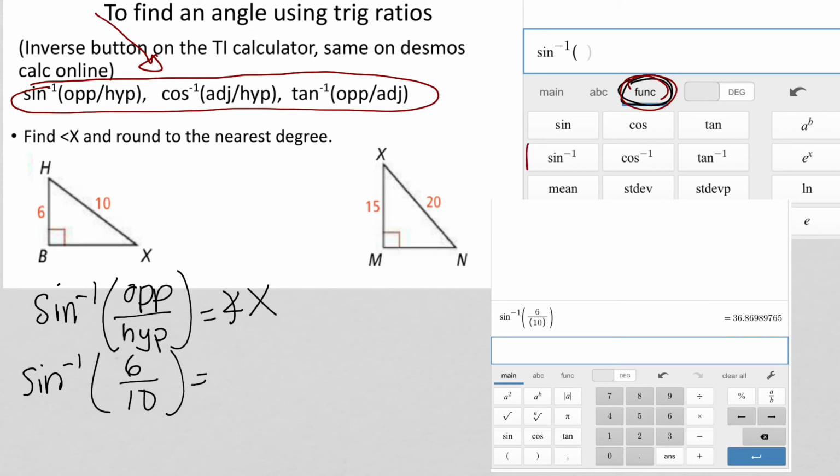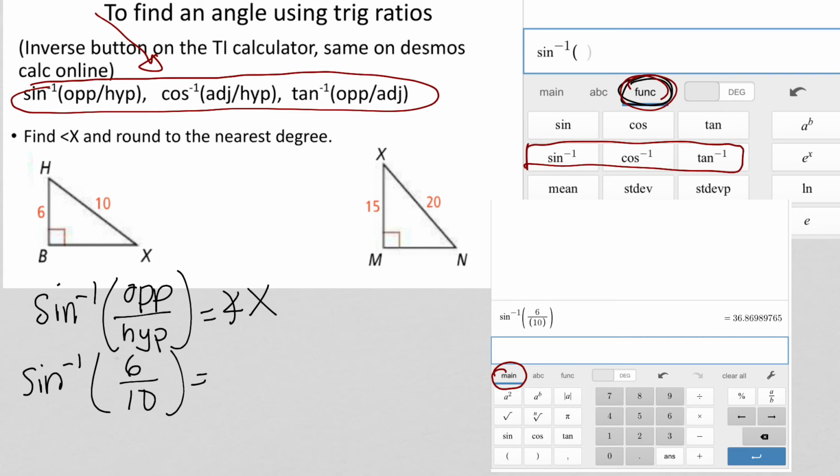And here are the 3 things that we're going to be using. We're going to be pressing sine to the -1. So go ahead and press that. Once you've pressed that, you need to go back to the main screen again so that you could plug in your numbers. So once I have my function first and I get sine to the -1, now I'm going to go back to the main screen and press 6 divided by 10.